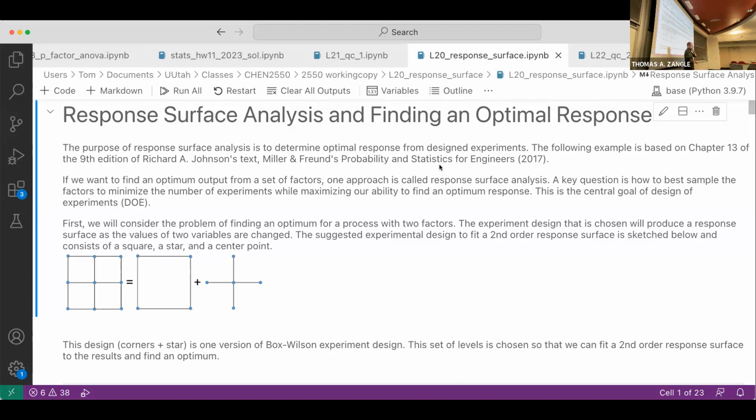As a reminder, exam or quiz on Monday. For the quiz on Monday, I'm going to put material from lecture 15 through 18, so not including the lecture 19 material, but including the lecture 17 material, which we did finish up on Monday. You have not had a homework on that. The previous homework considered everything through P-factor ANOVA, which is the one you're working on right now, or that's due today.